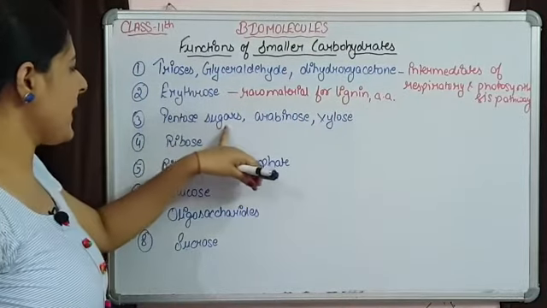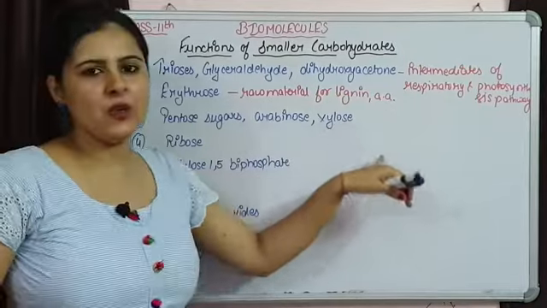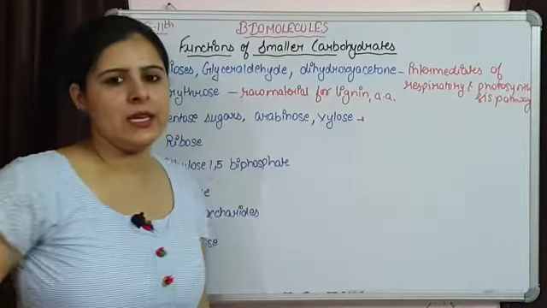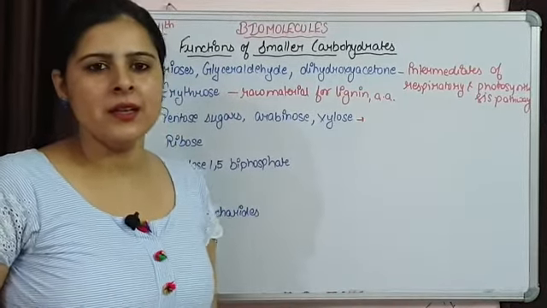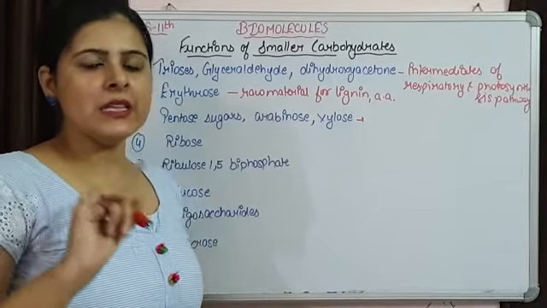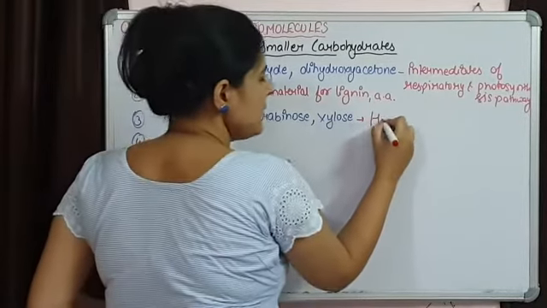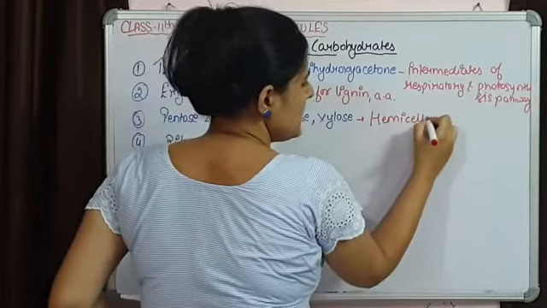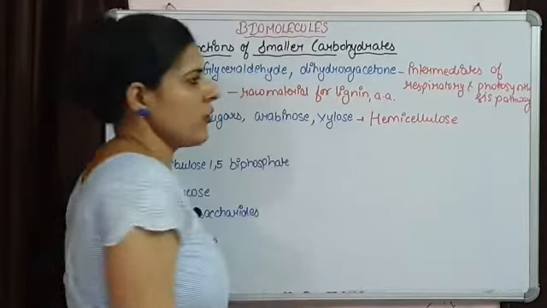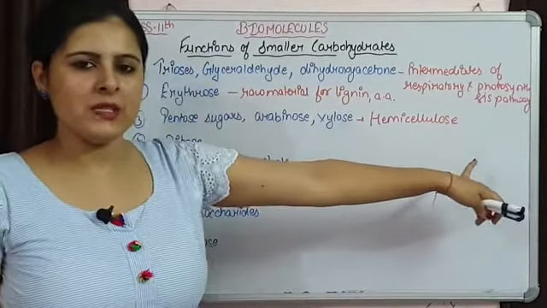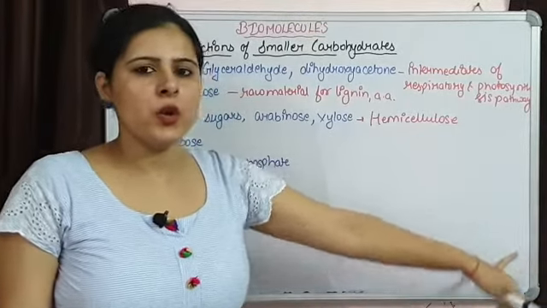If we talk about pentose sugars, arabinose, xylose, तो ये कुछ polymers बनाते हैं. Xylan is there. Lots of polymers are formed, and these are going to be the component of hemicellulose. And this hemicellulose will be involved in the formation of the cell wall. Plant की cell wall में hemicellulose is one component.